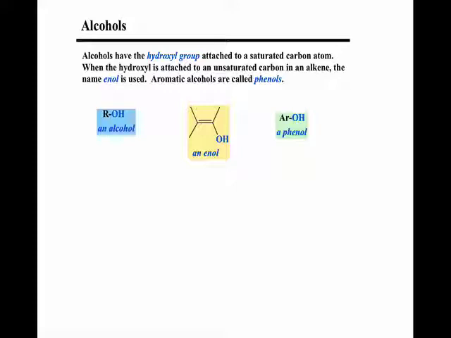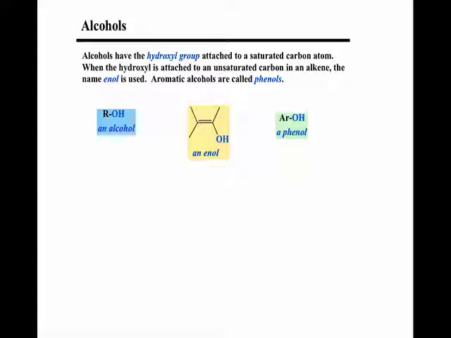Where might we expect a phenol to be? So if I was to draw a phenol, would we expect it to be in the same range? Let me draw it up here so everybody can see it a little better. Would we expect the phenol to have the same pKa value as an alcohol?